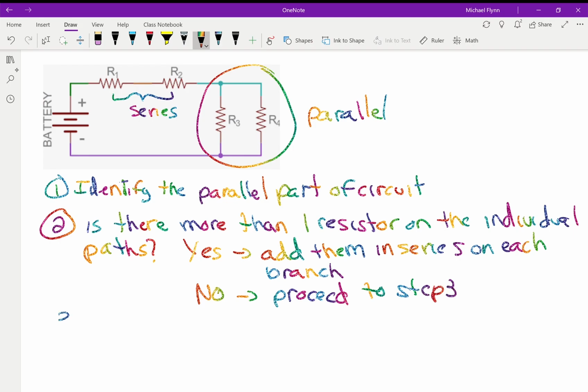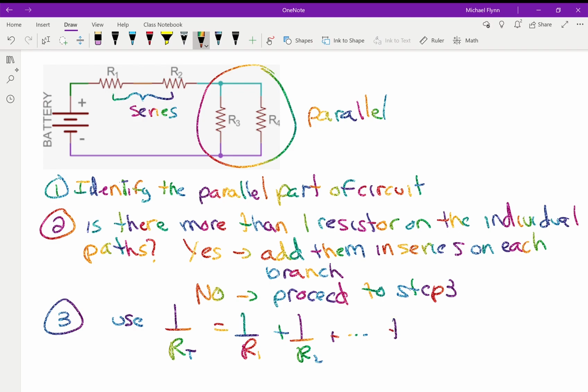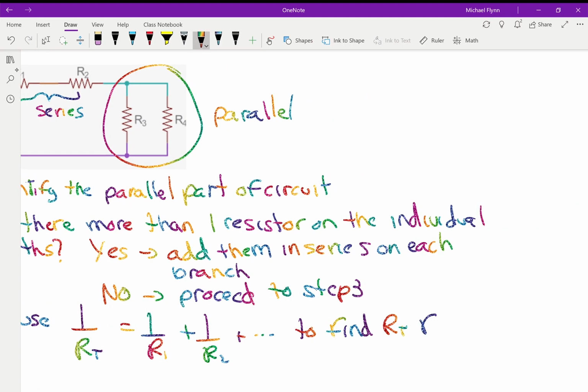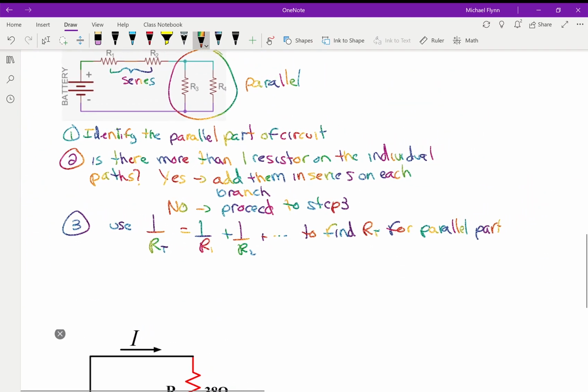Step 3: use 1 over RT equals 1 over R1 plus 1 over R2 plus, and so on, to find RT, the total resistance for the parallel part. And then after that, step 4 is the final step.